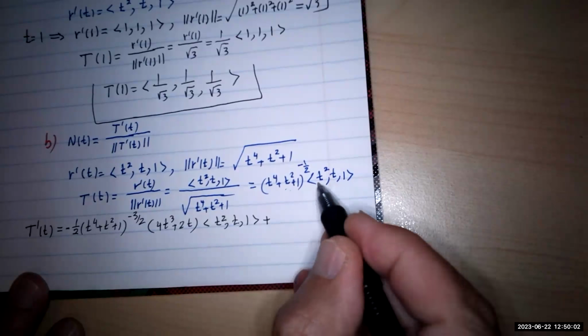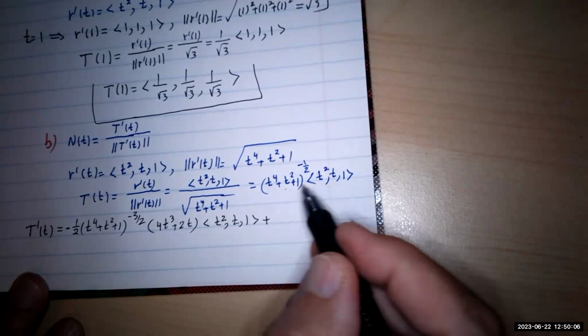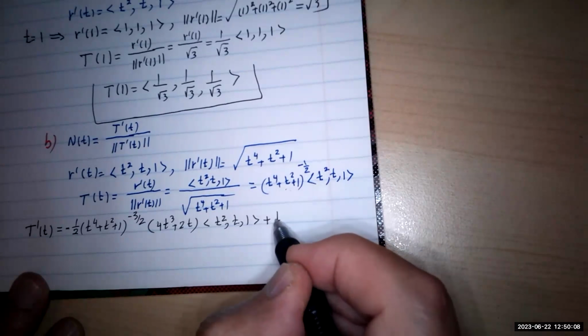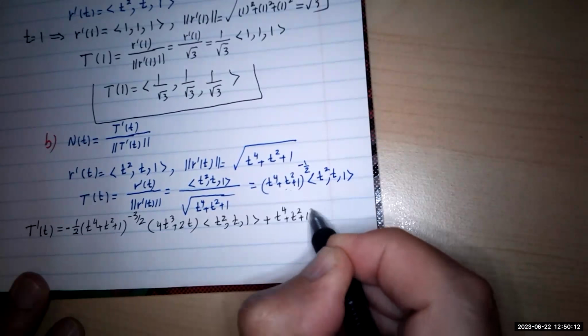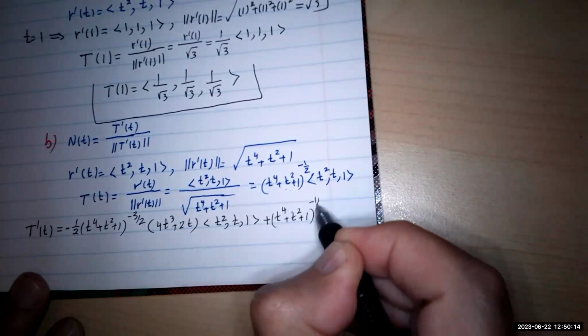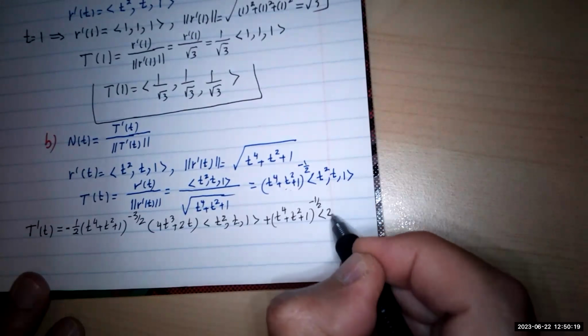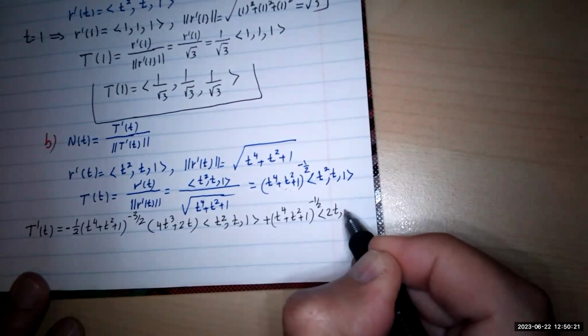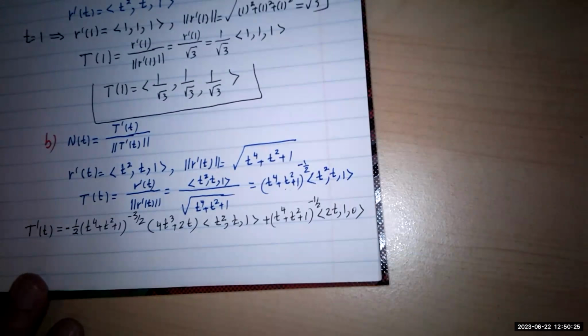The derivative of the second one is just a vector, times the first one, which I write in this form: (t to the fourth plus t squared plus 1) to the negative 1/2, times the derivative of the second, which is 2t, 1 and 0. You see, this is going to be T prime of t.